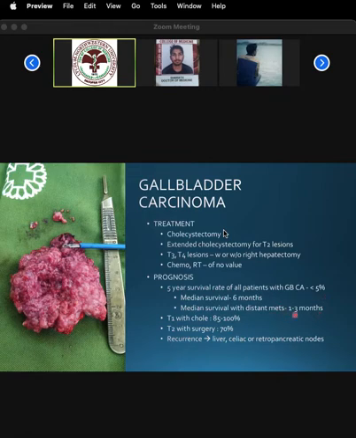Okay? That deadly. Now for patients with T1 lesions who have undergone cholecystectomy, survival rate may increase up to 85 to 100%. For patients with T2 lesions who have undergone the right surgery, survival rate may increase to 70%.